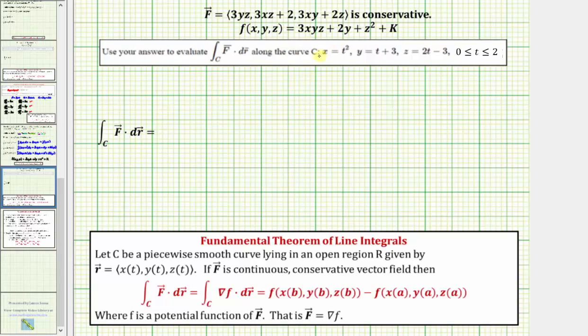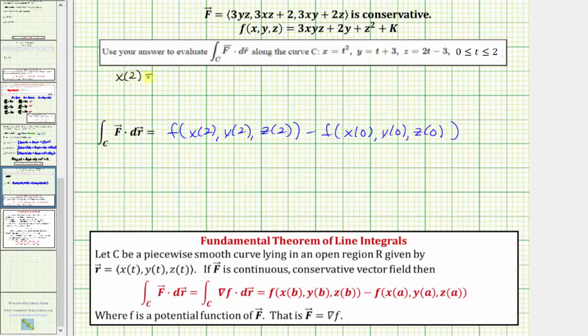Before we do this, you'll notice how x of t is equal to t squared, y of t equals t plus 3, and z of t equals 2t minus 3. And the interval for t is a closed interval from 0 to 2. So using the fundamental theorem of line integrals, this line integral equals little f of x of 2, comma y of 2, comma z of 2, minus little f of x of 0, comma y of 0, comma z of 0.